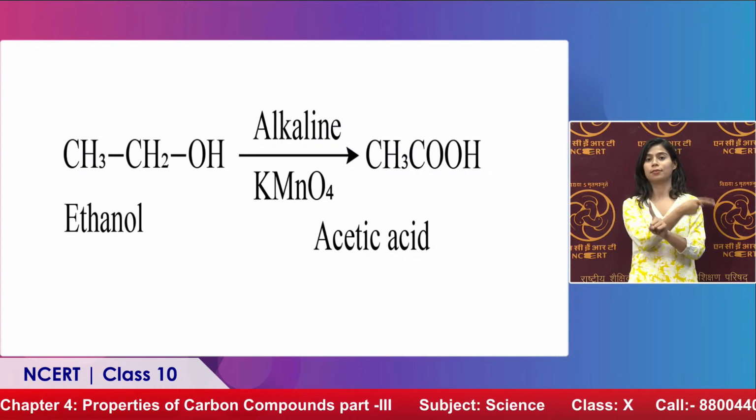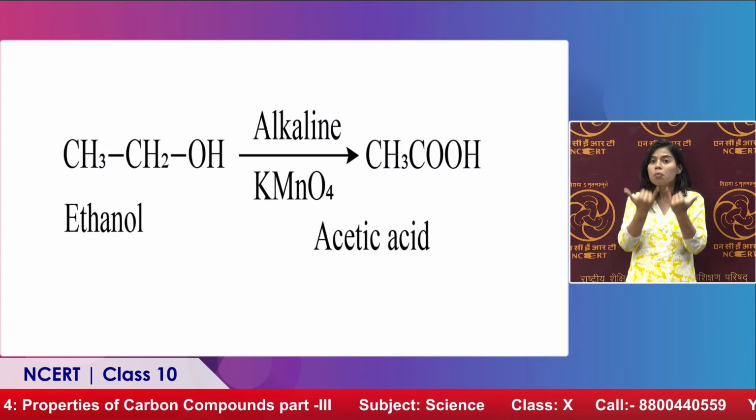This oxidation takes place in the presence of KMnO4, which acts as the oxidizing agent, potassium permanganate, alkaline KMnO4. If we do the oxidation sufficiently, the ethyl alcohol is oxidized and we get acetic acid in this process. Right.